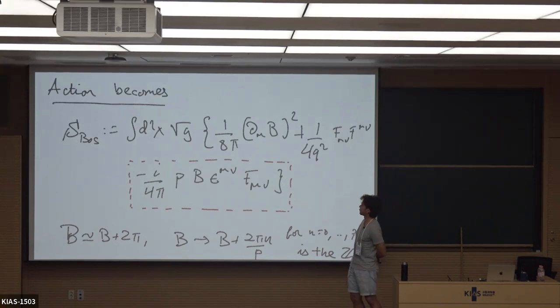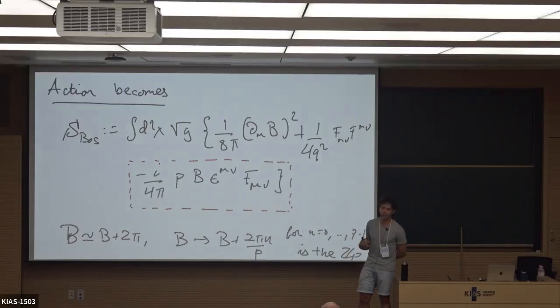The argument that people make in flat space is that at low energies, these derivative terms are irrelevant. And at low energies, this theory is governed by the topological quantum field theory that I described in the first part of the talk. Therefore, this theory at low energies will have p states. And those p states are distinguished by their topological charge, their Zp charge, exactly as I described before.